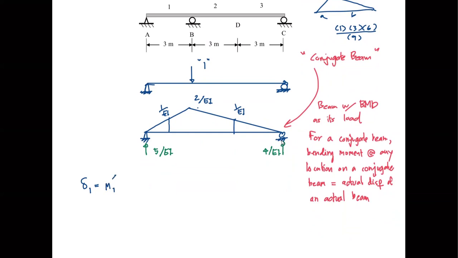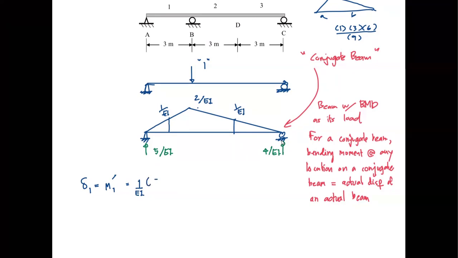So I put the hyphen on here so that we are talking about the moment of the conjugate beam. And that means we are going to cut the free body diagram here and take moment here. So that's going to be equal to the reaction, but since everything is in 1 over EI terms, I'm just going to factor it out. 1 over EI is up front.